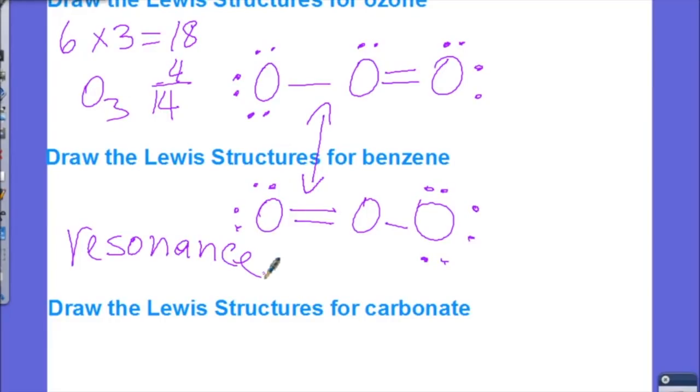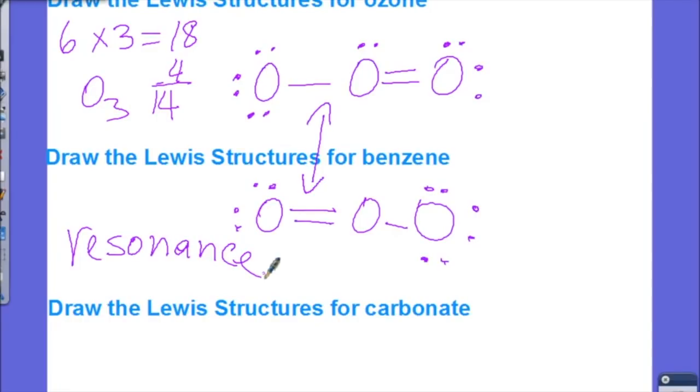When you have 2 or more different right ways to draw the Lewis structure, the only difference is you flip the single or the double bond between them. It is found by experiment that this is not really single and double, because by experiment, this one is stronger than a single bond, this one is weaker than a double bond.